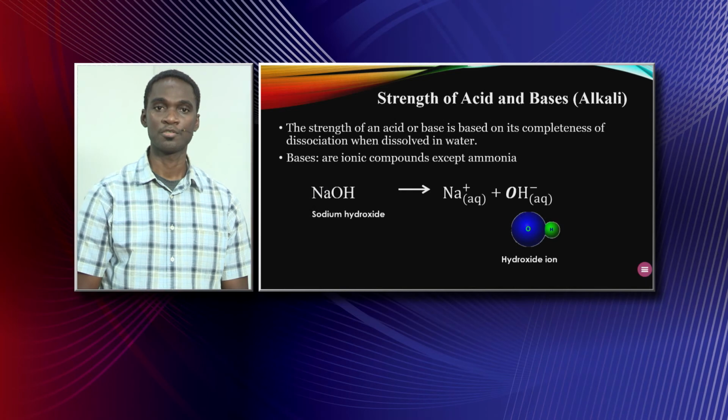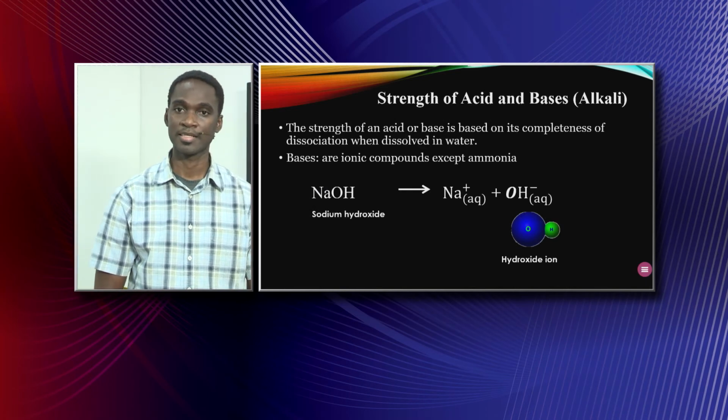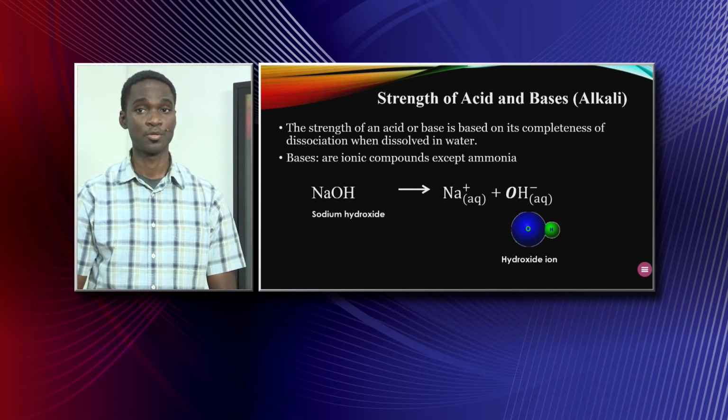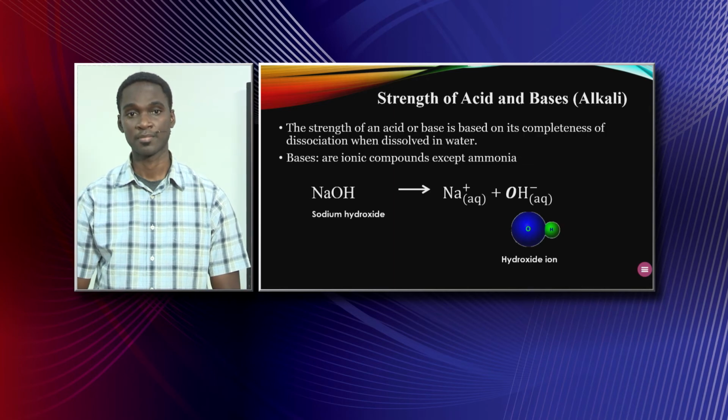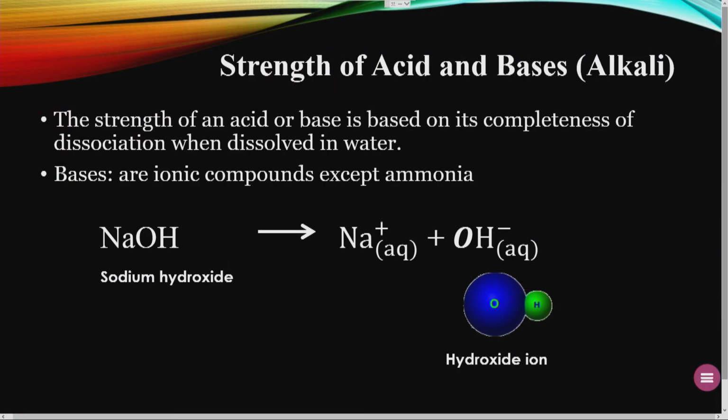We will now continue to look at the strength of an acid and a base. In this case, we will be focusing on an alkali. And so the strength of an acid or a base, remember that it is based on the completeness of dissociation when dissolved in water. Bases are generally ionic compounds except for ammonia.